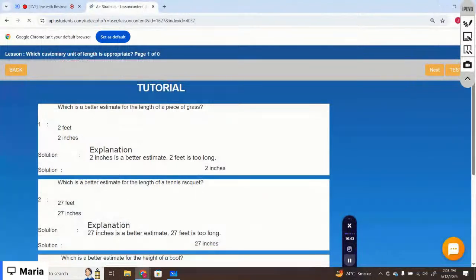Which is a better estimate for the length of a piece of grass, 2 feet or 2 inches? So basically feet and inches, they both are units of length. You use these two units to measure the length. So 2 inches is a better estimate. 2 feet is too long.